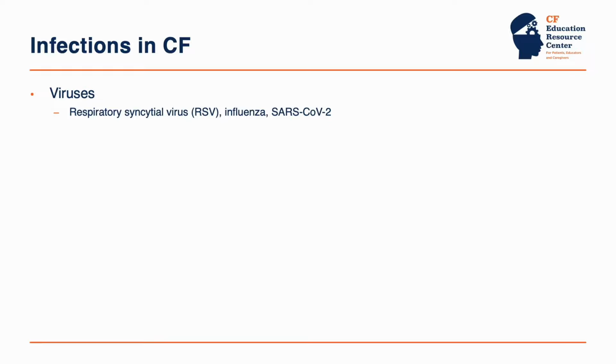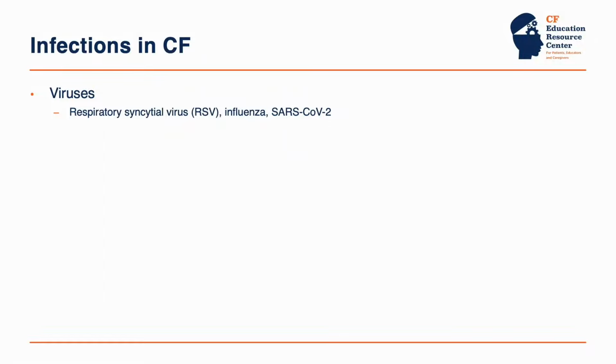So what about infections in CF? What types of infections are there, and what can we do about them? Well, one of the earliest infections we see in CF, as we see in lots of people, is viruses. So respiratory syncytial virus, or RSV, influenza, and the COVID virus, or SARS-CoV-2, are all seen in individuals with CF, oftentimes early in life.